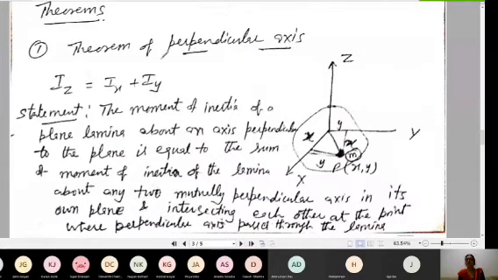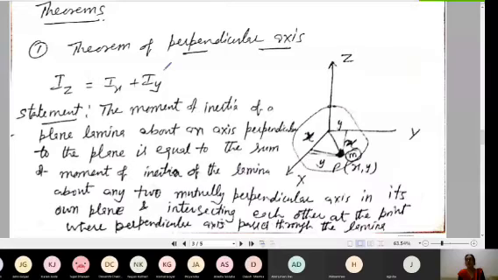So firstly, I am taking the theorem of perpendicular axis. What it states is that if I have this rigid body in the xy plane, and I want to find the moment of inertia about the z-axis, that is equal to the sum of the moments of inertia about the x-axis and the y-axis. So Iz is given by Ix plus Iy.